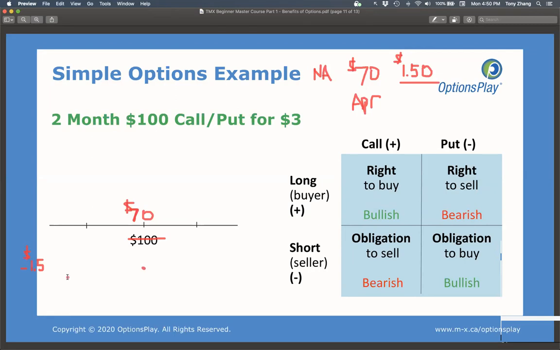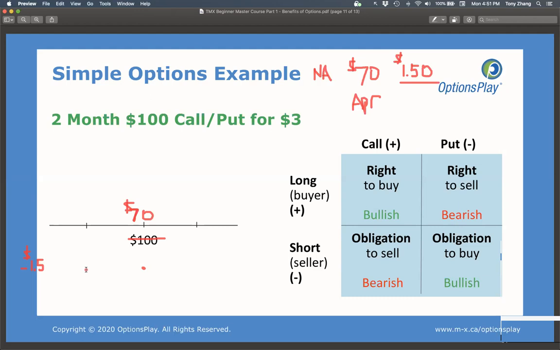Now, this is true for any price below 70, because if I had to buy the stock from someone else for $70, that was worth less on the open market. So if the stock is trading at $65, why would I pay someone $70 for a stock that I could just buy on the open market for $65, right? So anything below $70, it doesn't make sense for me to exercise this call.